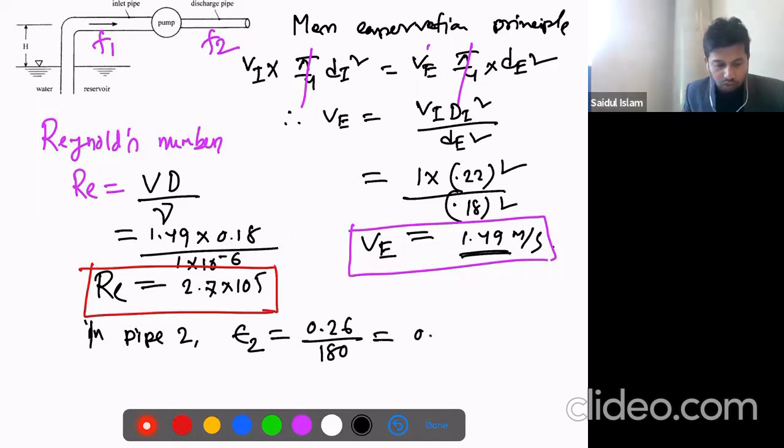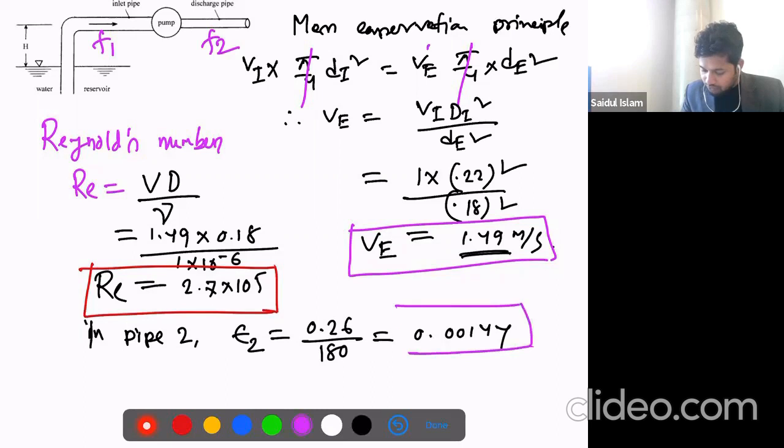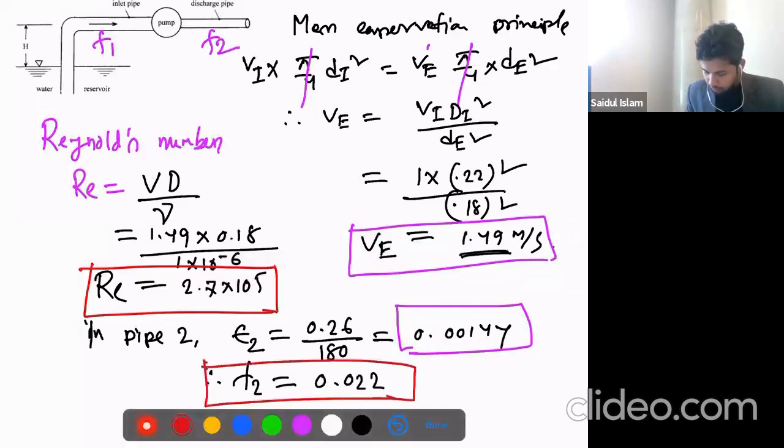So this is 0.00144. This is the relative roughness value, and this is the Reynolds number. By using the Moody diagram, we get f2 equal to 0.022.